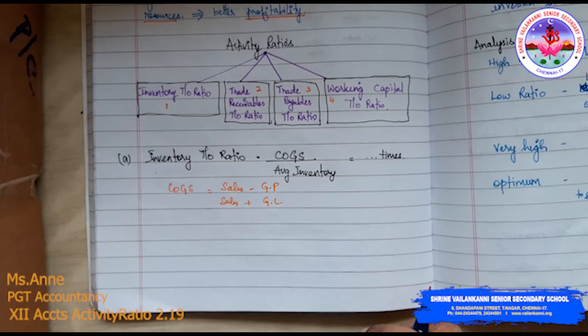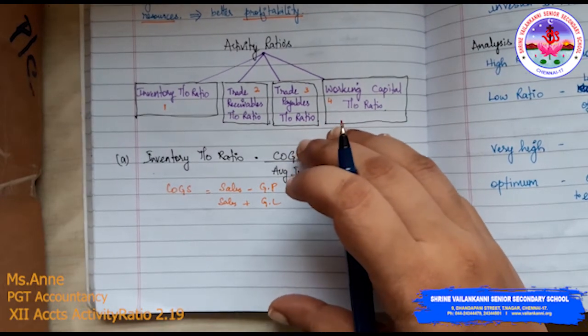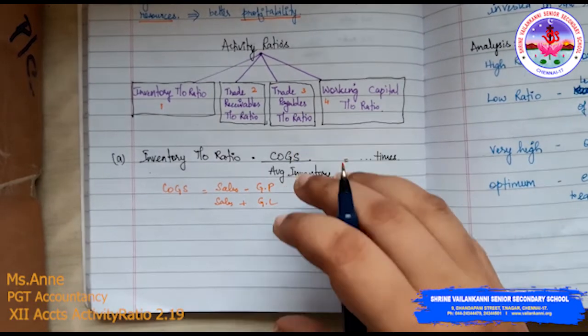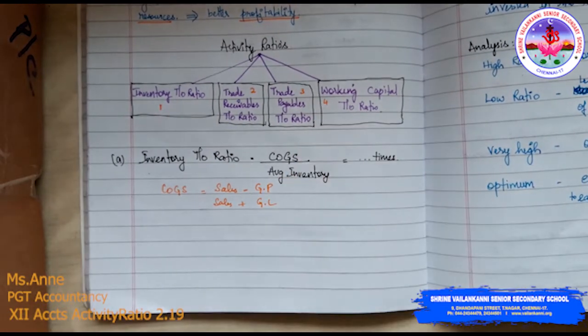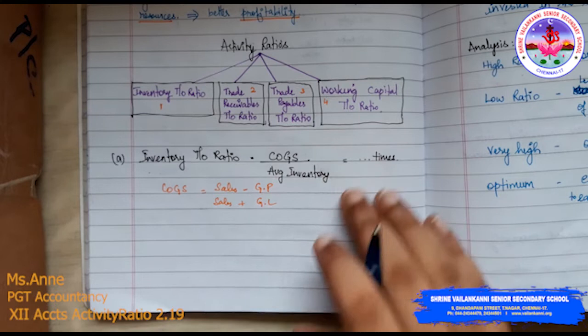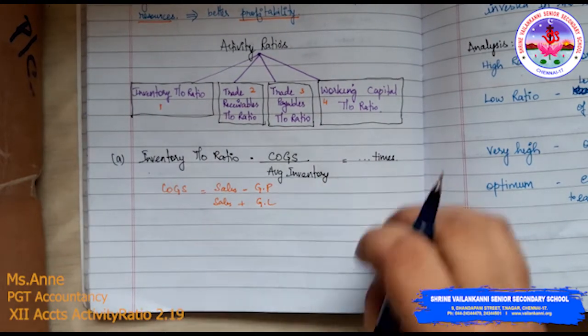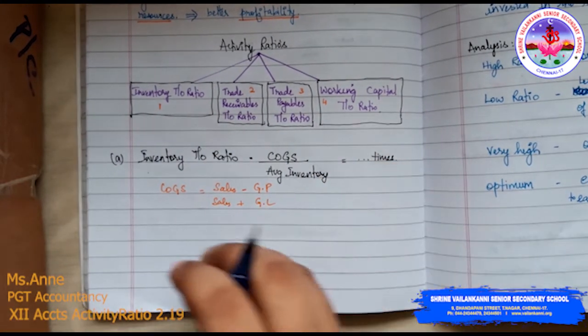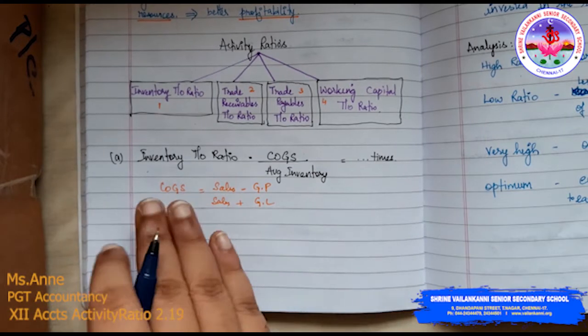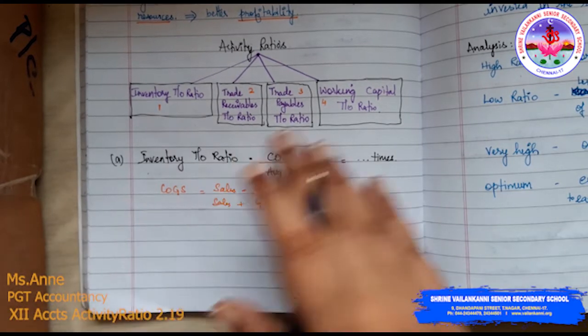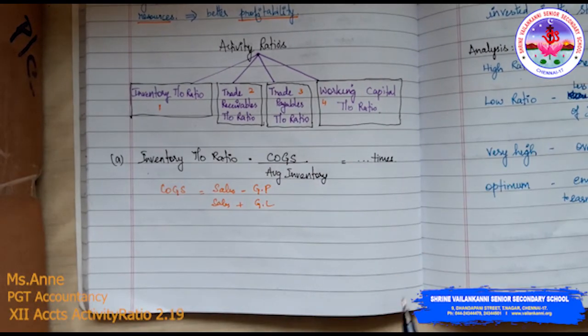You should be thorough with those aspects before you move on to the inventory turnover ratio, because while solving the sums, the questions will ask for the inventory turnover ratio giving the information of the profitability ratio, the operating profit ratio or operating ratio for that matter.